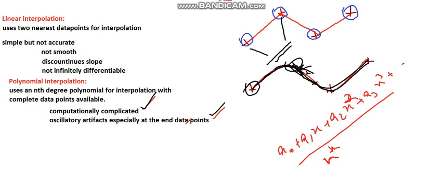It is differentiable at all points, so it is infinitely differentiable. In other words, we can differentiate the polynomial at any data point on this curve.